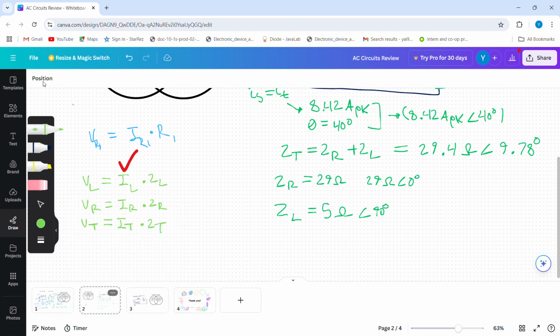We can start with the voltage of the inductor. We're going to have the current. We said 8.42, and this is amps peak, angle 40 degrees.